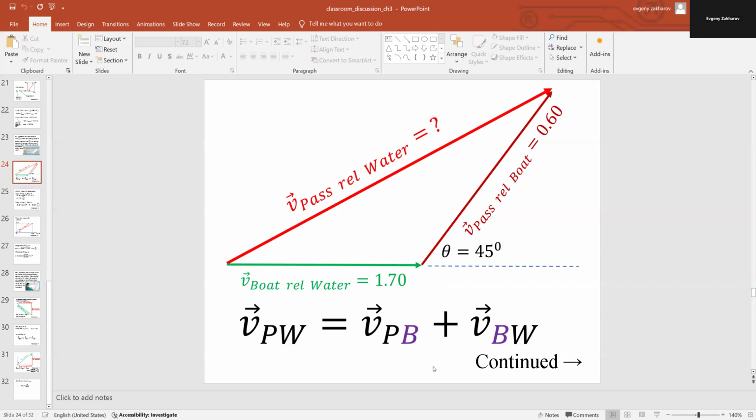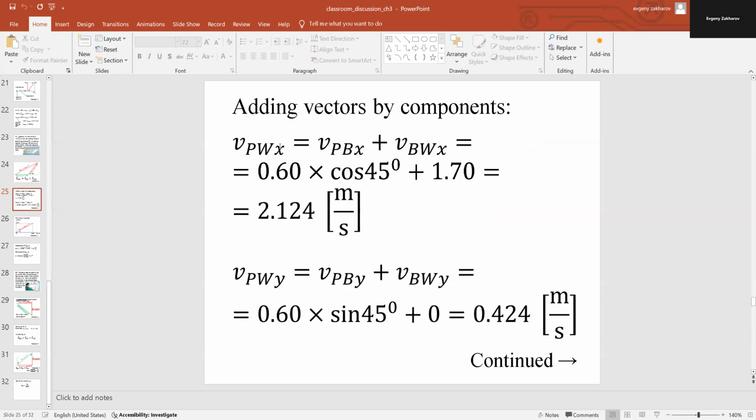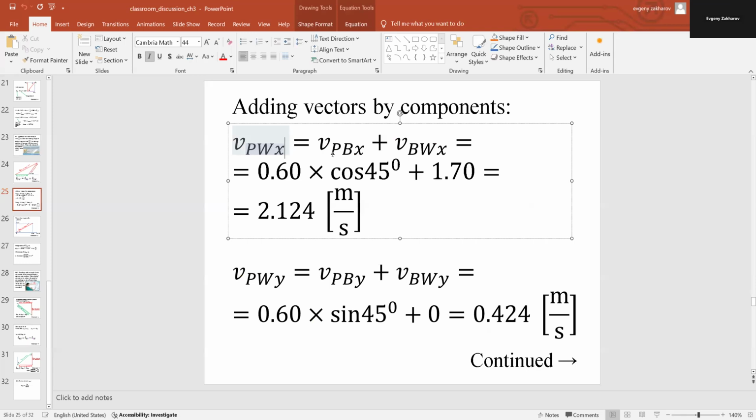Once again, you can't just add numbers. Vectors are not scalars. They have certain ways of addition and subtraction. You have to do that separately for x components and y components. So first of all, you're doing the x component, and well, that's what we're looking for.